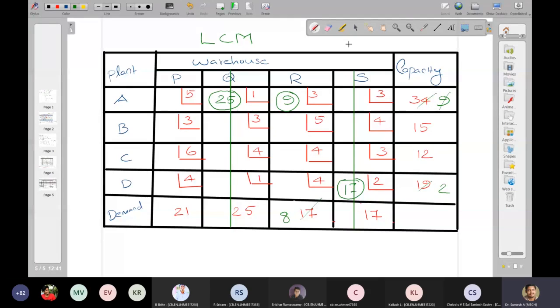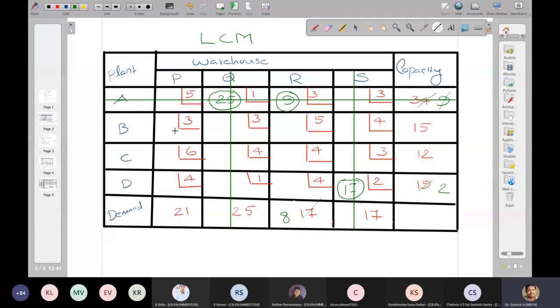So now row A is also completely removed from the problem. Now what is left out? What is the lowest cost? Again, 3 is there. BP, it is 3. So for BP at 3, what is the condition?